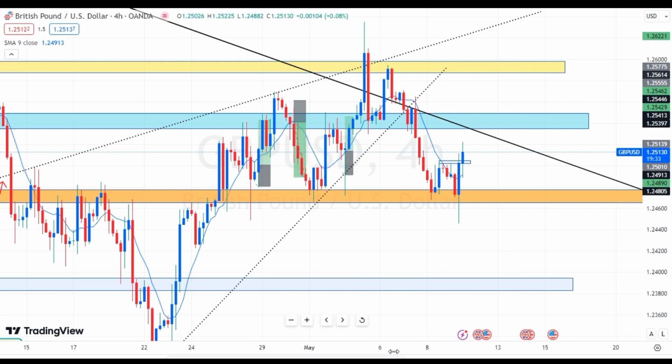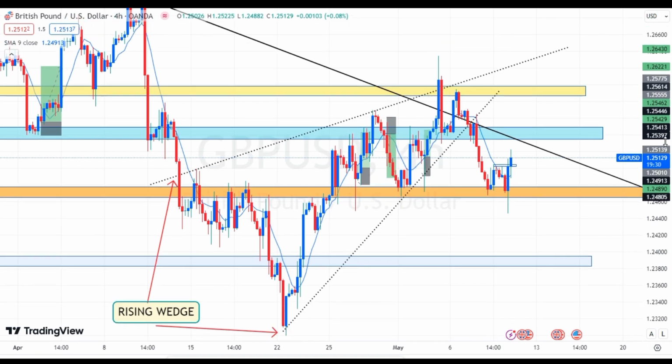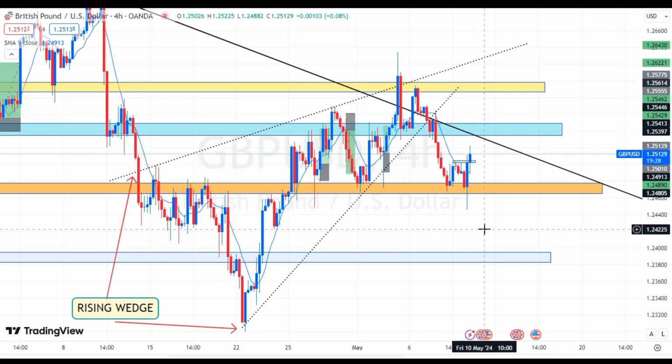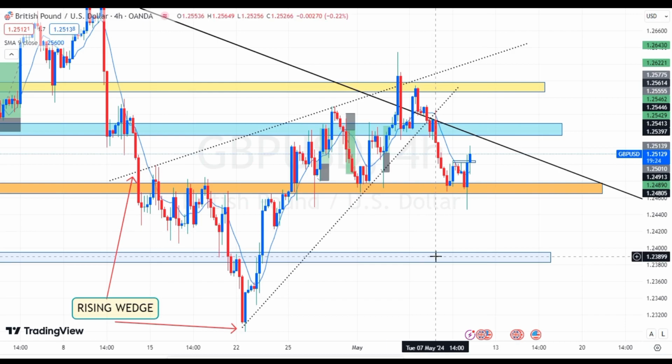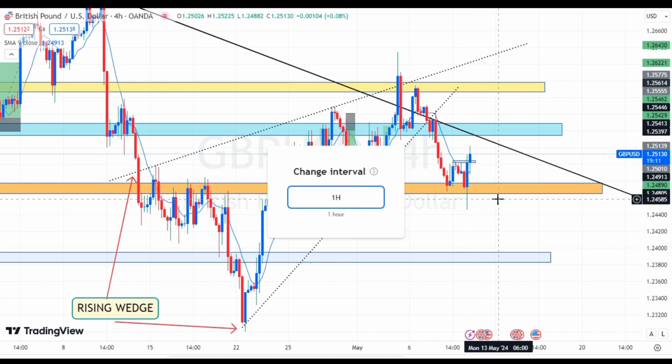If you have been following my channel for a while, you will know that what I look out for before I enter is a double bottom, a double top, a triple top, a triple bottom, a head and shoulder. That is what I look out for to sell or to buy. So what I'll be looking out for here is on the 1-hour time frame.